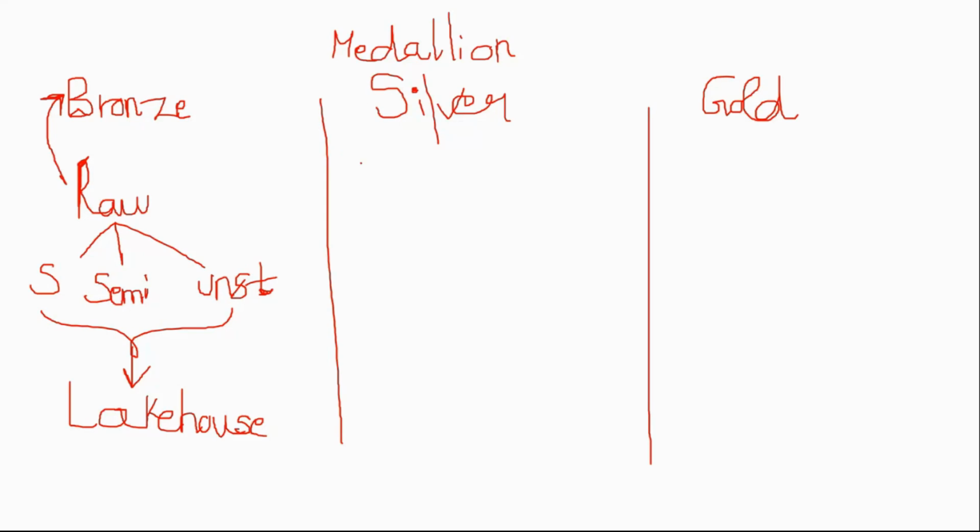That is what we call the silver layer. The silver layer is basically the layer wherein you do your data cleansing, validations, and transformations.